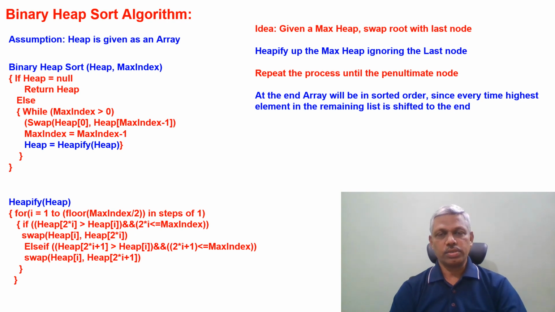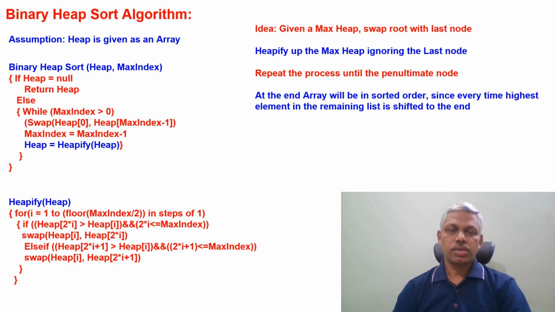Swap the first element with the last element, that is heap of 0 with heap of max index minus 1. Just recall that max index runs from 1 to n, whereas array index starts from 0 to n minus 1. That is why we are taking heap of 0 with heap of max index minus 1. Swap them and update the max index as max index minus 1.